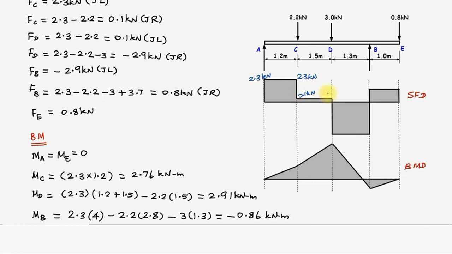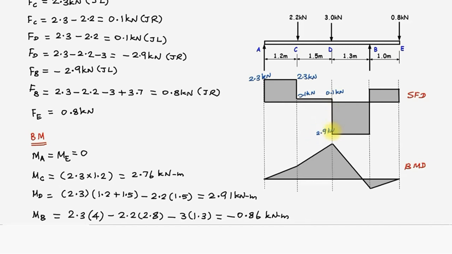This remains the same till the point D just left, that is 0.1 kilonewton. Because of this 3 kilonewton load, there will be a drop here. Therefore, here the magnitude is negative 2.9 kilonewtons.